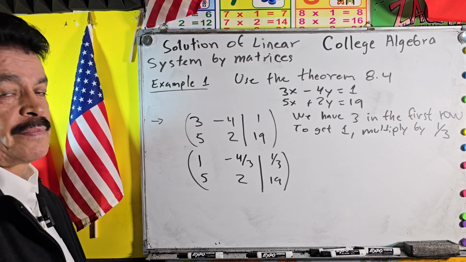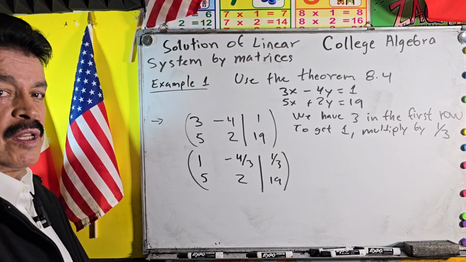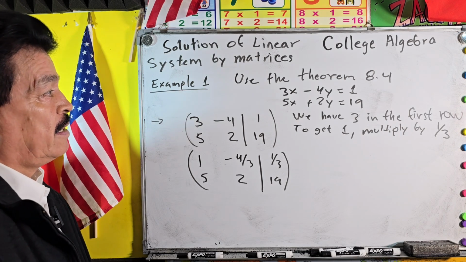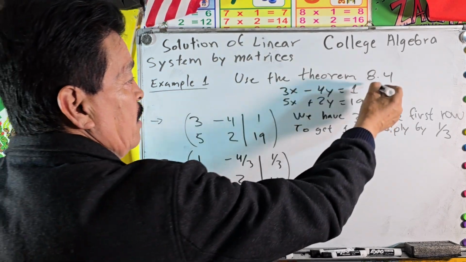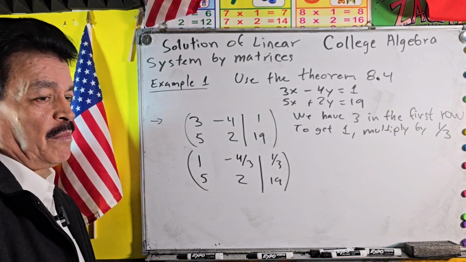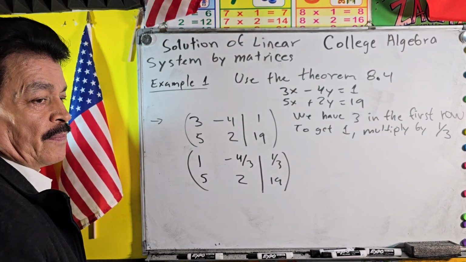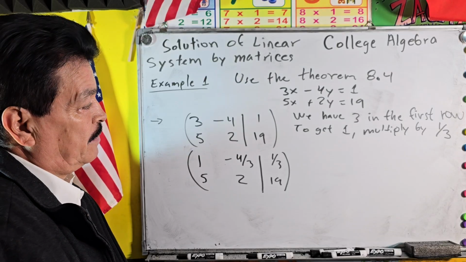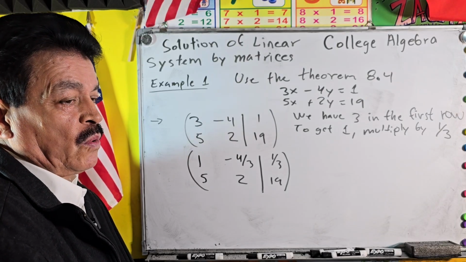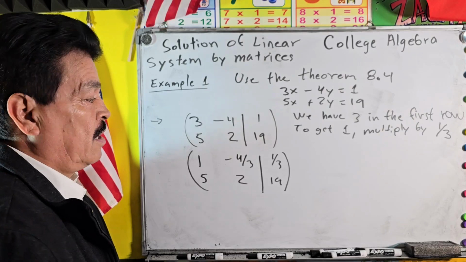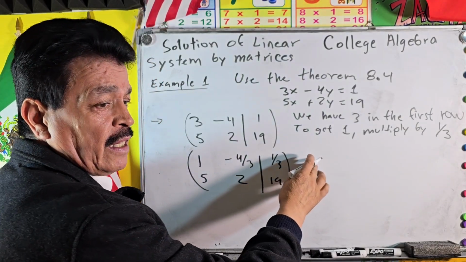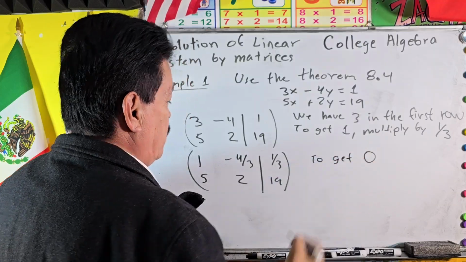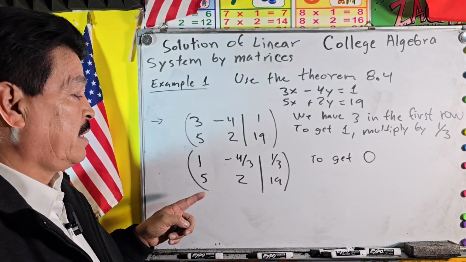Now we need to keep doing our operations, multiplying and adding. Remember theorem 8.4. I will use the three main ideas. So now here we have to get 0 right here.